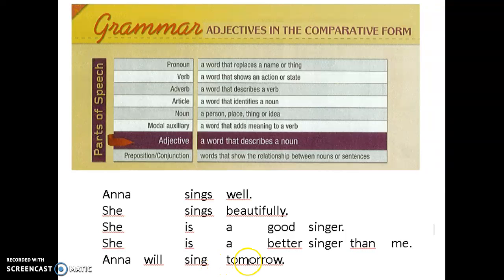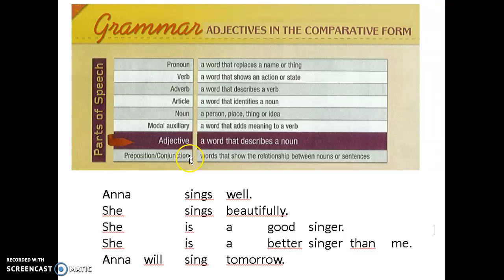It's going to take place tomorrow. Anna will sing tomorrow. Will is a modal auxiliary giving me information on a future action. Sing, and here with the word tomorrow I have the answer. She will sing tomorrow.